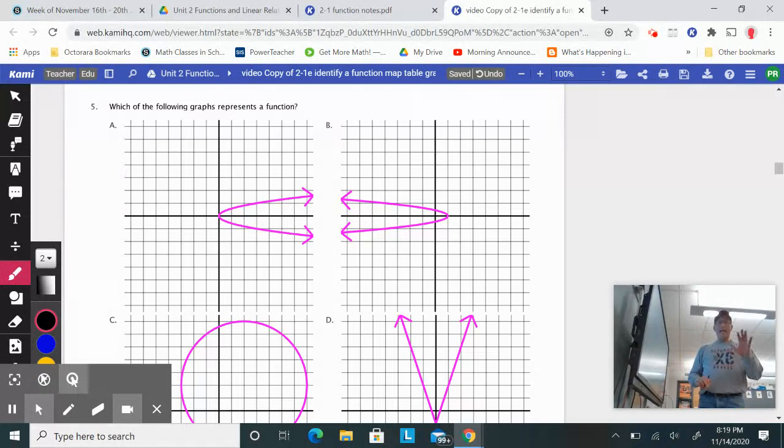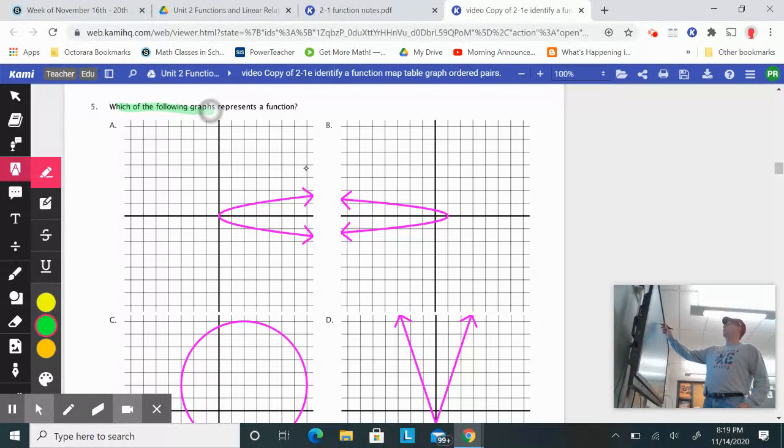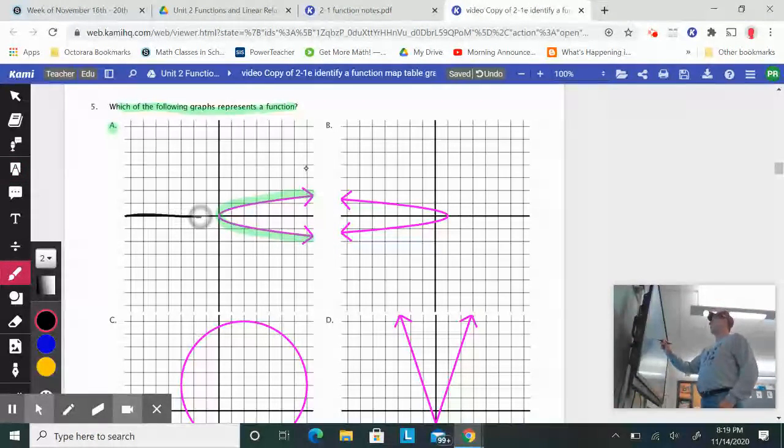All right, last example, we'll go over some graphs. And in number 5, we're supposed to identify which of the following graphs represents a function. So one of these 4 choices is a function. Now remember, a function, one input goes with one output. And X, which is an input, can only have one Y. So if I go to graph A here, in this purplish color, think about the X-axis, which are these values right here.